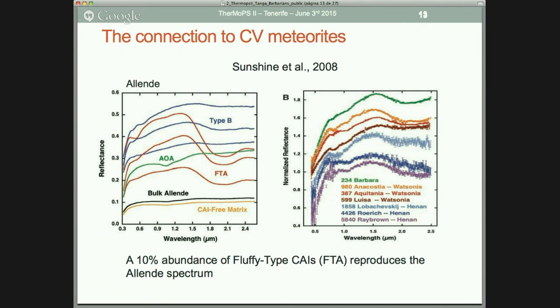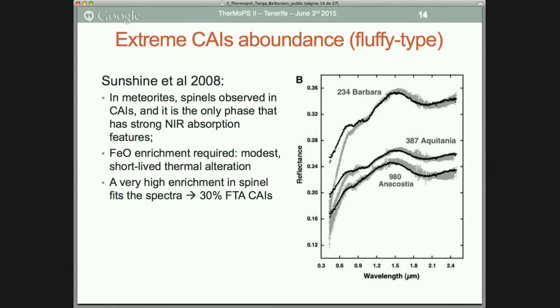Now, the result is pretty amazing, because in order to reproduce the spectral features in the barbarians, you have to include in your model a very high abundance of calcium-aluminum-rich inclusions, up to 30%.